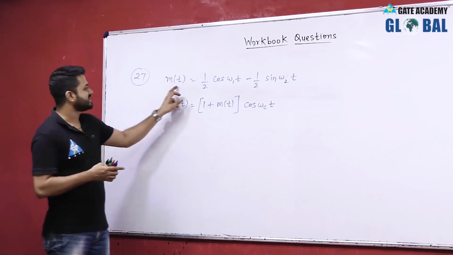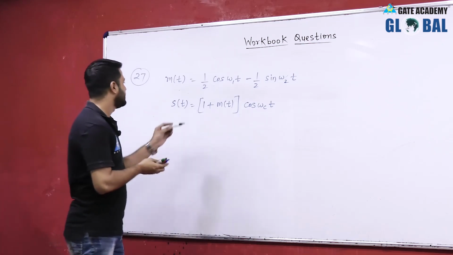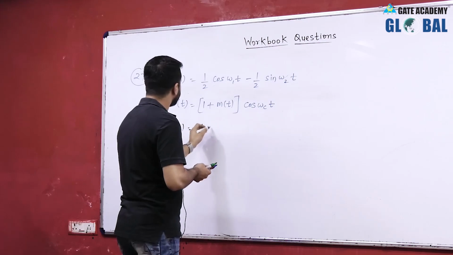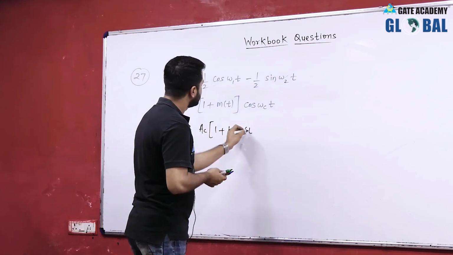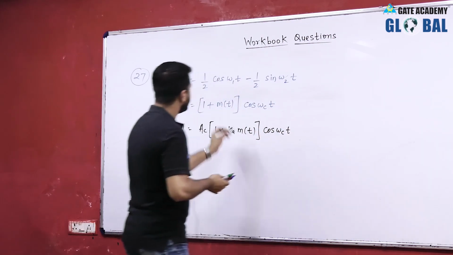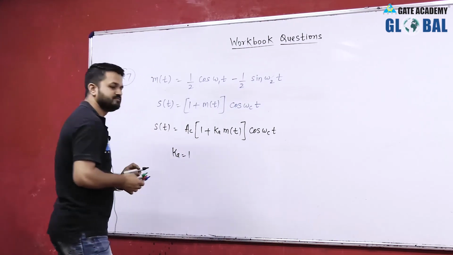Because this is a message signal which is amplitude modulated, the expression of a standard amplitude modulated signal is AC(1 + k m(t)) cos ωct. On comparing these two, we get k equal to 1.